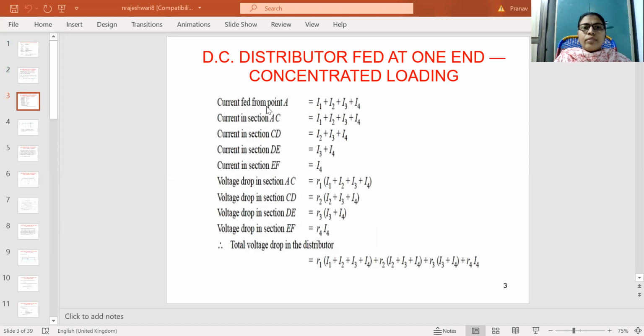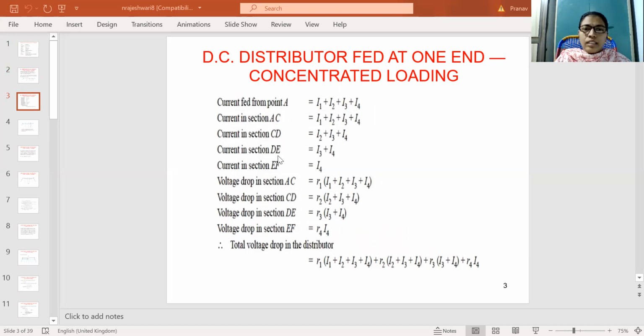The current fed from point A is I1 plus I2 plus I3 plus I4, and the current in section AC is I1 plus I2 plus I3 plus I4, and the current in section CD is I2 plus I3 plus I4.